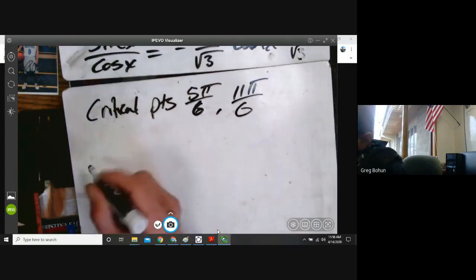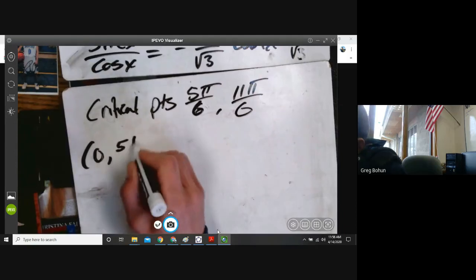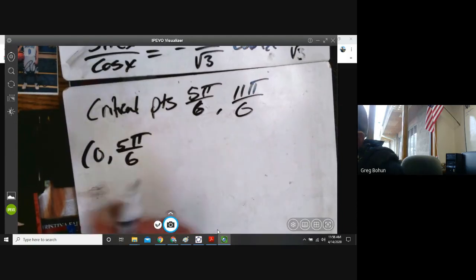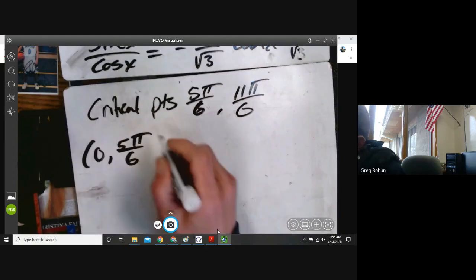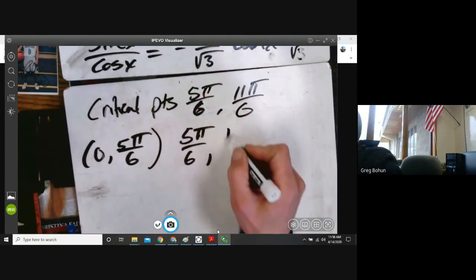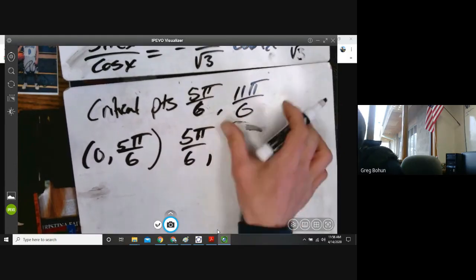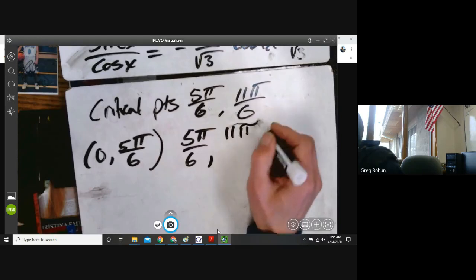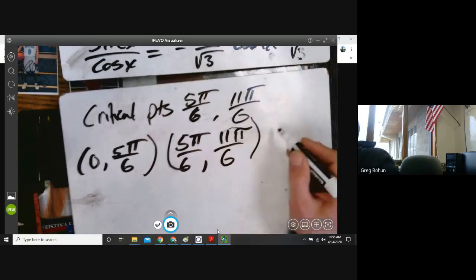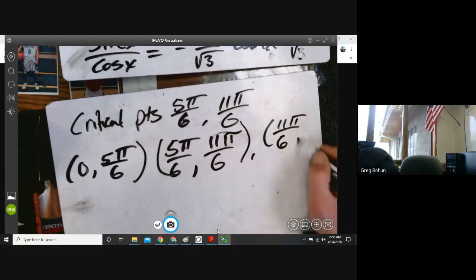So we are on 0 to 2 pi, so let's check something easy in the interval 0 to 5 pi over 6, something on the interval 5 pi over 6 to 11 pi over 6, and lastly, something from 11 pi over 6 to 2 pi.